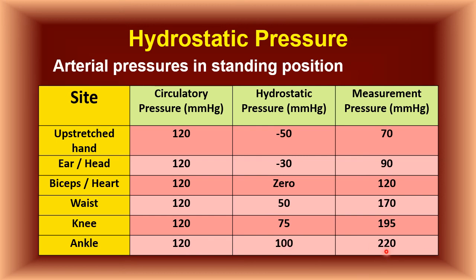So if you have a standing patient and measure the arterial pressure at the ankle area, you will find it in the range of 220. Why? Because the true arterial pressure, the circulatory, is 120, added to the 100 of hydrostatic pressure.